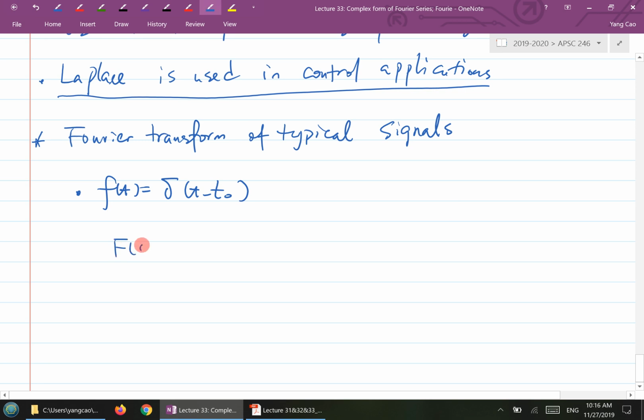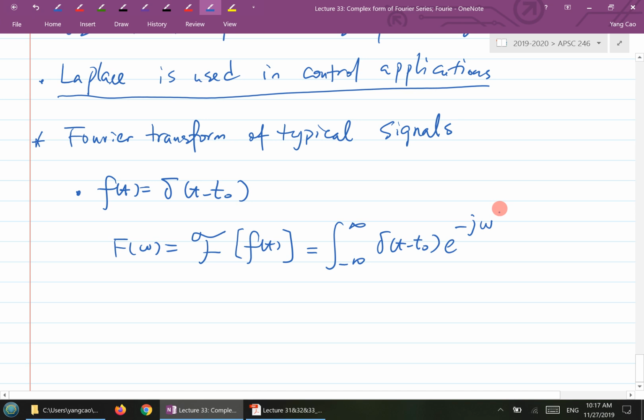I will use the formula to calculate it. The symbol we use in a lot of textbooks is a capital F, indicating we're taking the Fourier transform of this time function f of t. Plugging f of t into the formula: f of t times e to the power negative j omega t dt.